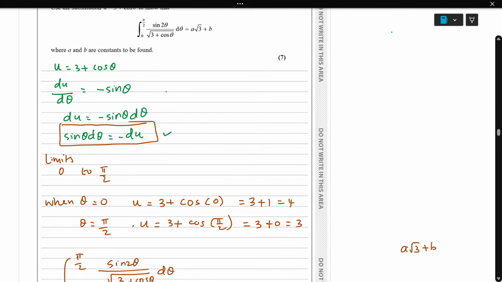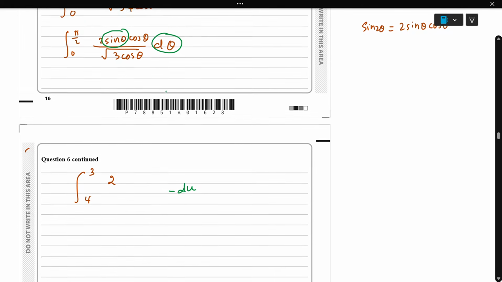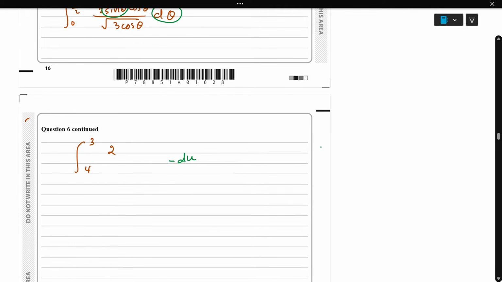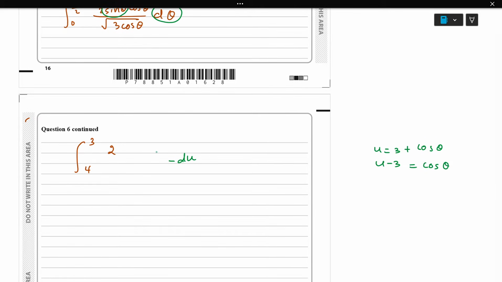Next, u equal to 3 plus cos theta, so cos theta equal to u minus 3.